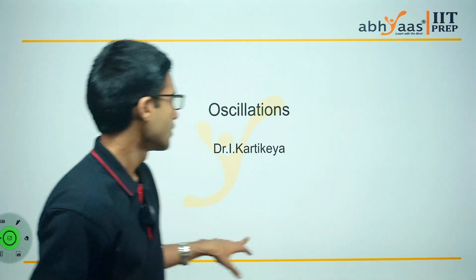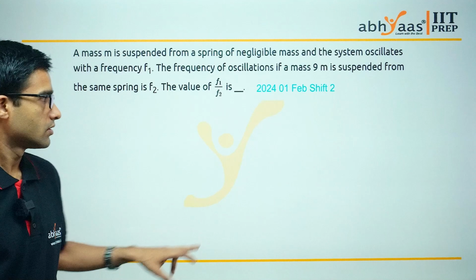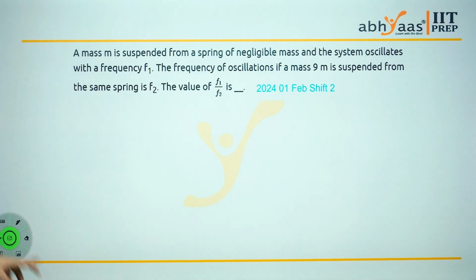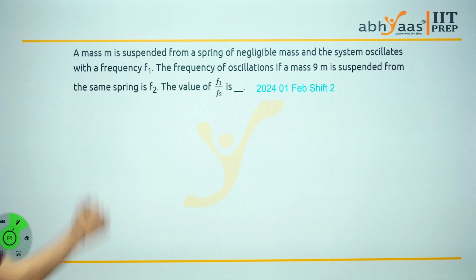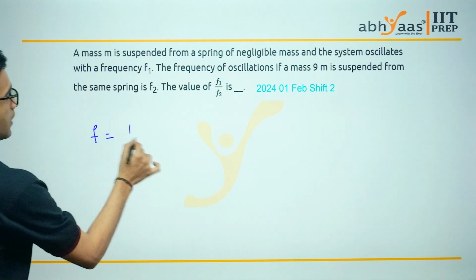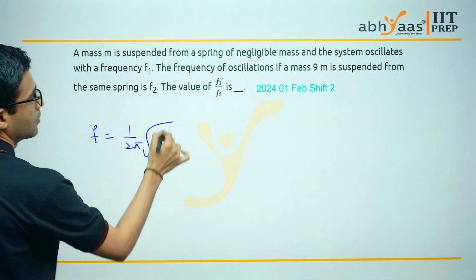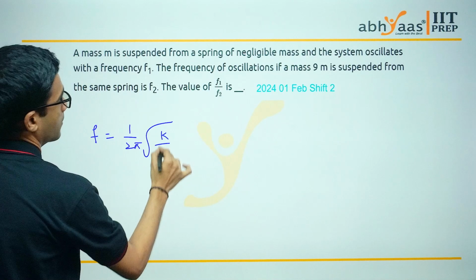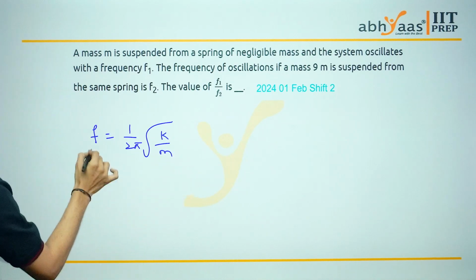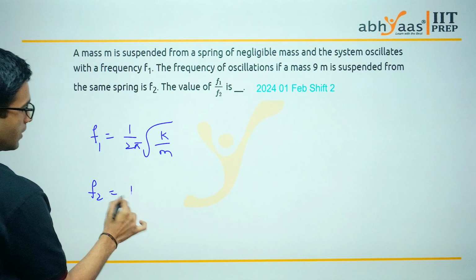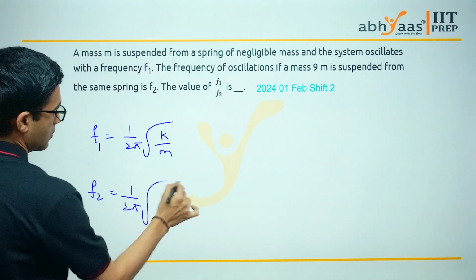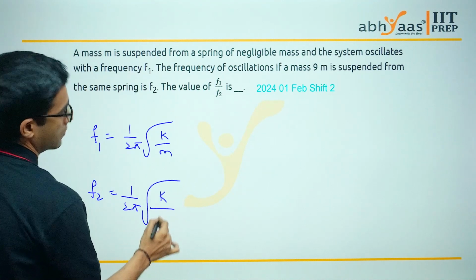Okay, now going to the topic. So this is the January shift. Here you know that frequency f is equal to 1 by 2 pi root k by m. So f1 if you consider like that, whereas f2 is 1 by 2 pi root k by 9m.